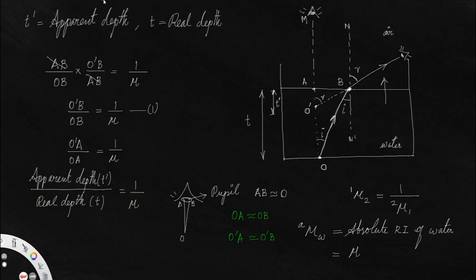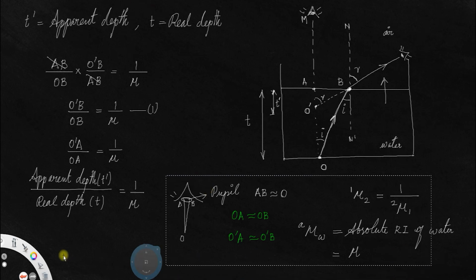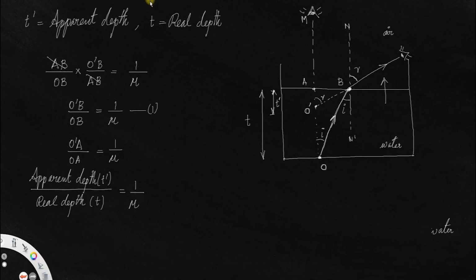Clear? Or the apparent depth T dash is equal to the real depth T divided by the refractive index.